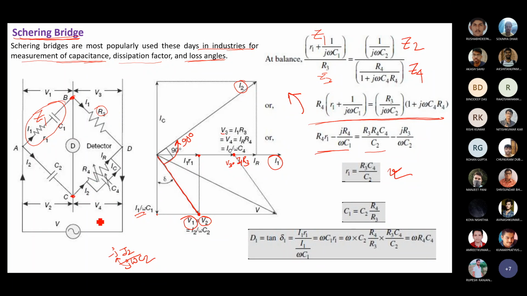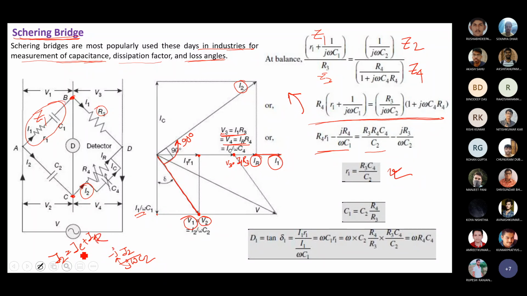Both are the same, so I1 and IR are on the same axis, with no phase angle difference. So that is your IR. Now you need to find IC. I2 equals IC plus IR.